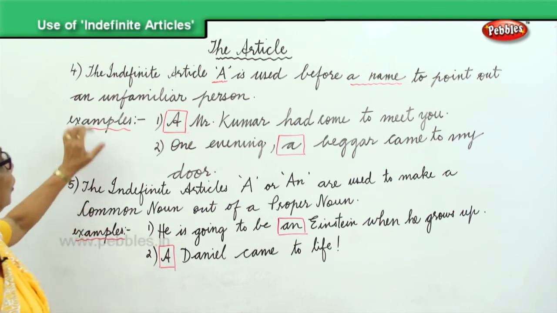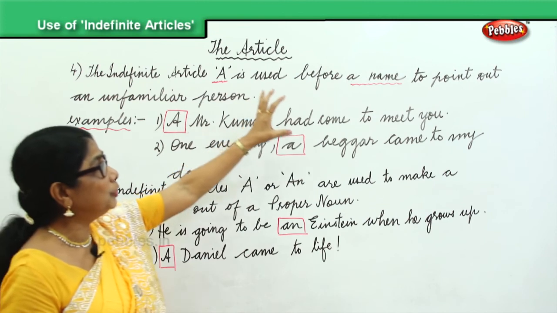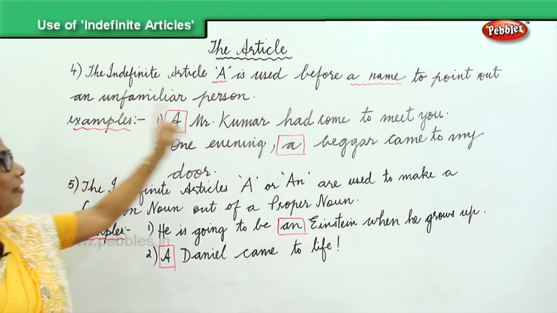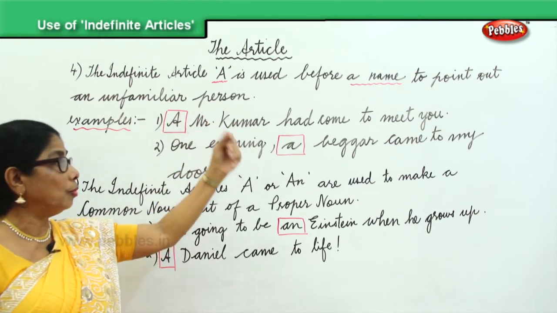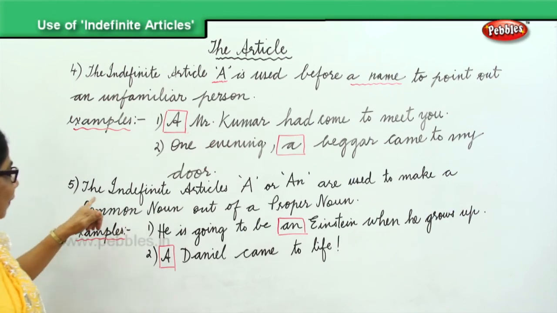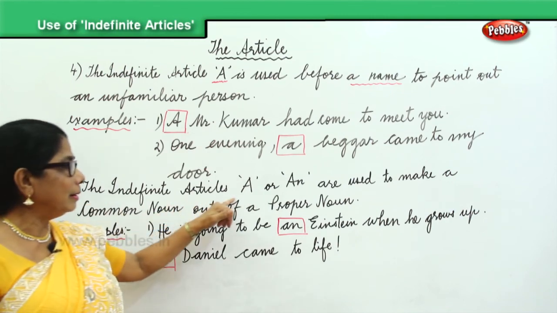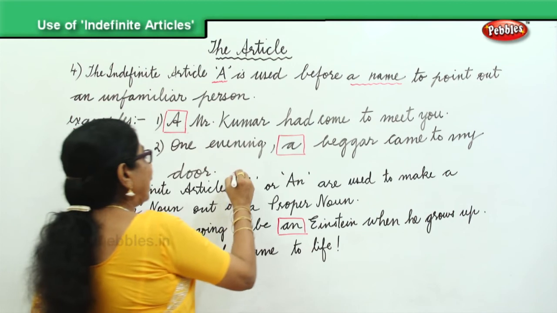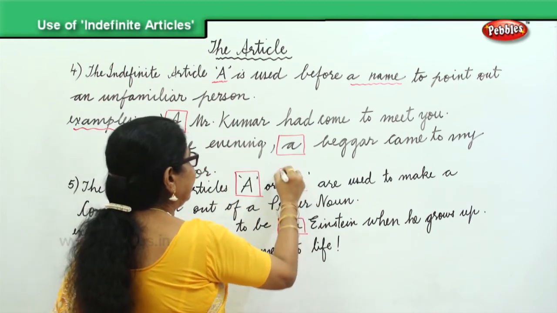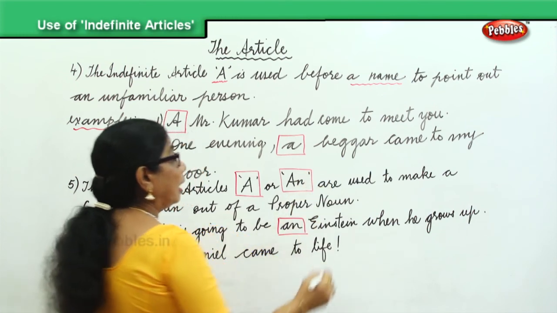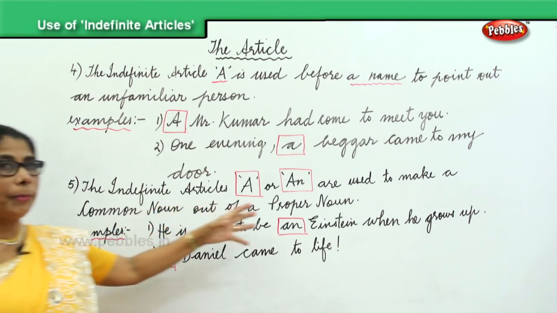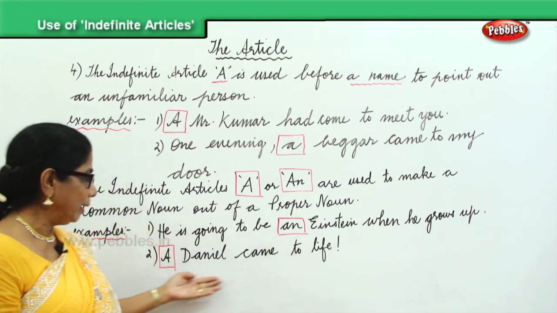In the fourth category, you have indefinite article a used before a noun to point out an unfamiliar person. A Mr. Kumar, a beggar, any Kumar. In this fifth one, indefinite articles a or an are used to make a common noun out of a proper noun. And that's what we are doing here.